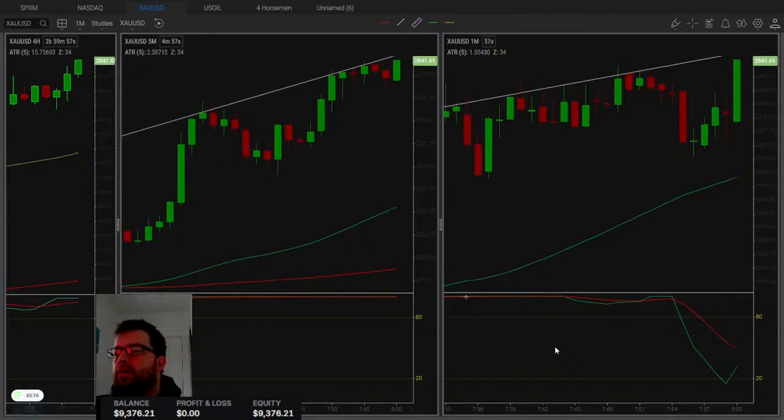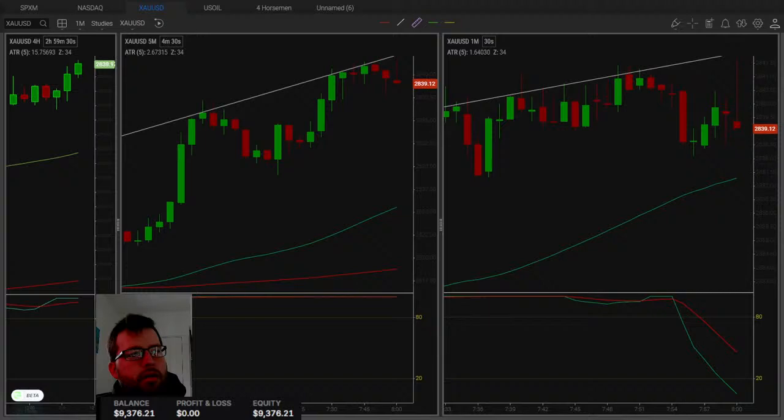Okay, we've broken below the 20 level. Oh, there's probably some news. Probably should have checked that. Okay, we're breaking back above. We're still maxed out up here, so we are probably going to be going long here.